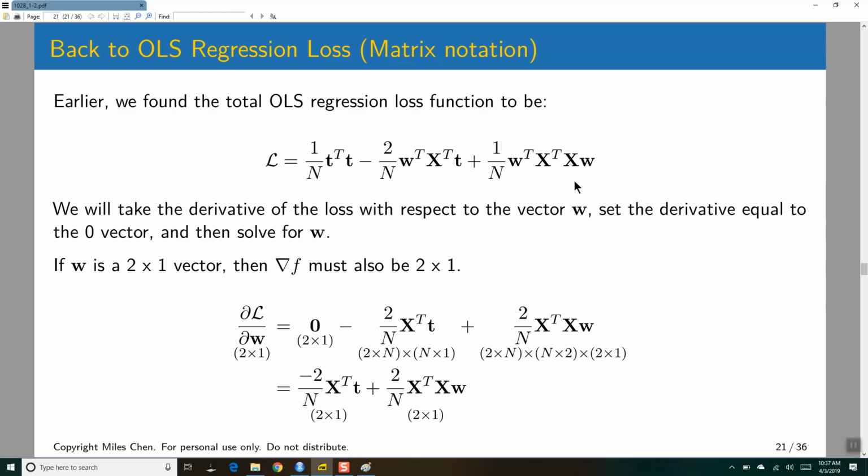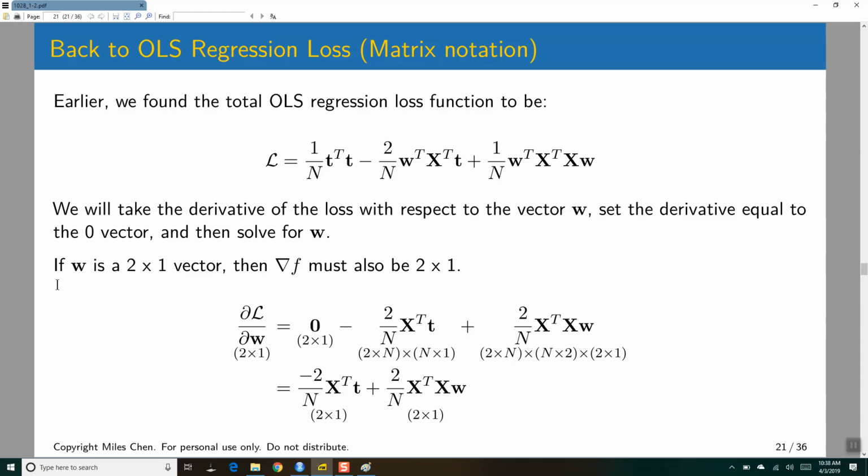It's currently a function of w, and we want to take the gradient, or basically the derivative of this with respect to the vector w, and we're going to set that equal to 0 and solve for w in order to find out where this function has a local minimum or maximum, or wherever the gradient or derivative is equal to 0.